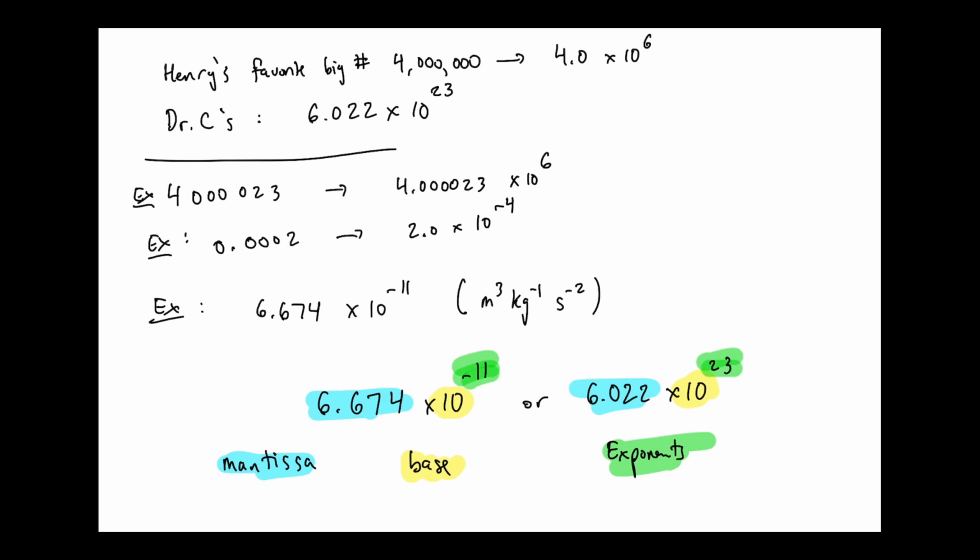Okay, so the things that we have to do to express scientific notation is we need to know the mantissa, the part before the times 10 to the whatever, the base, the exponent, and the sign. And if I told you all four of those things, you could reconstruct the number. If we agreed in advance that the base would always be 10, then I would only have to tell you three things: the mantissa, the exponent, and the sign. Okay, is that okay? Yeah.